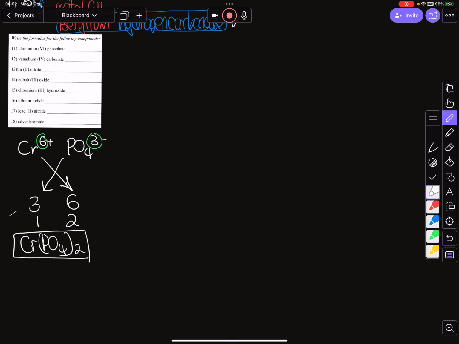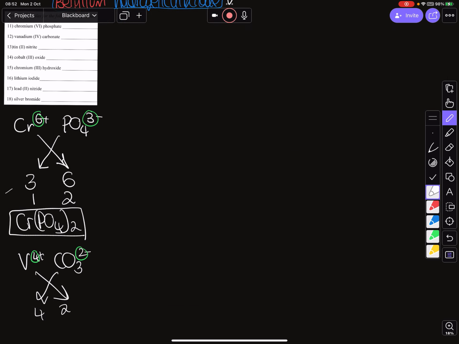Our next one is vanadium carbonate. So again, it's telling us in our vanadium that it is a 4+ charge. So I'm getting that from the Roman numeral in the name. And a carbonate is a complex anion, and it's CO3 2-. So again, my drop down is going to be looking at this 4 and this 2. So 4 and a 2 is essentially the same as a 2 and a 1.